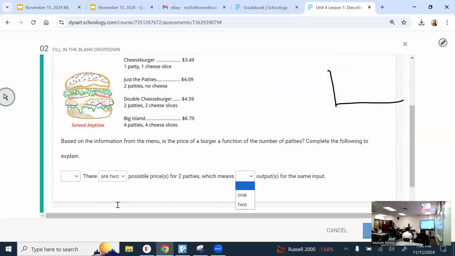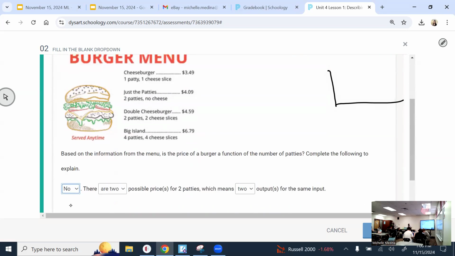Which means blank outputs for the same inputs. 2 outputs for the same inputs. So would that make it a function, yes or no? We have 2 Y's for the same X, I would make it not a function.